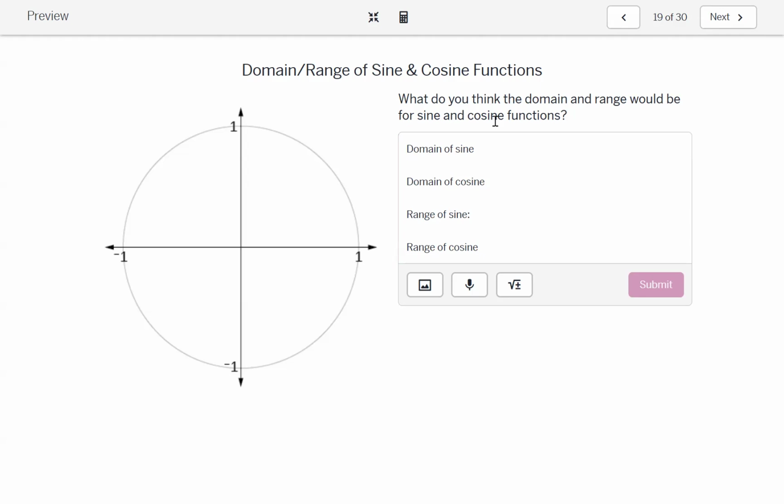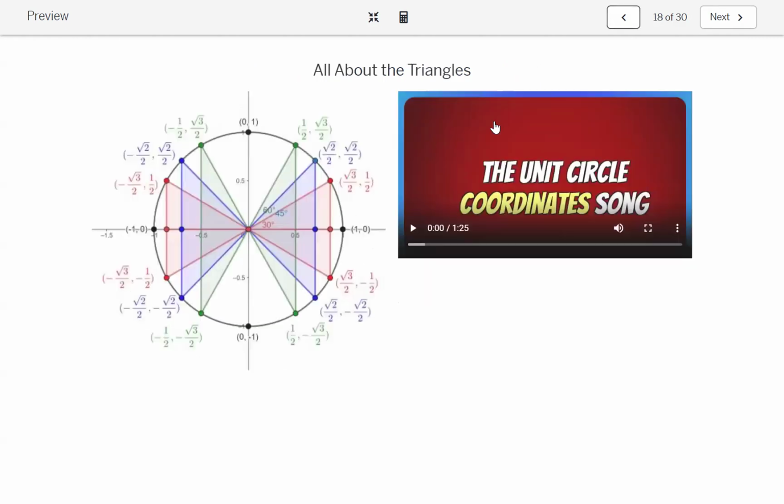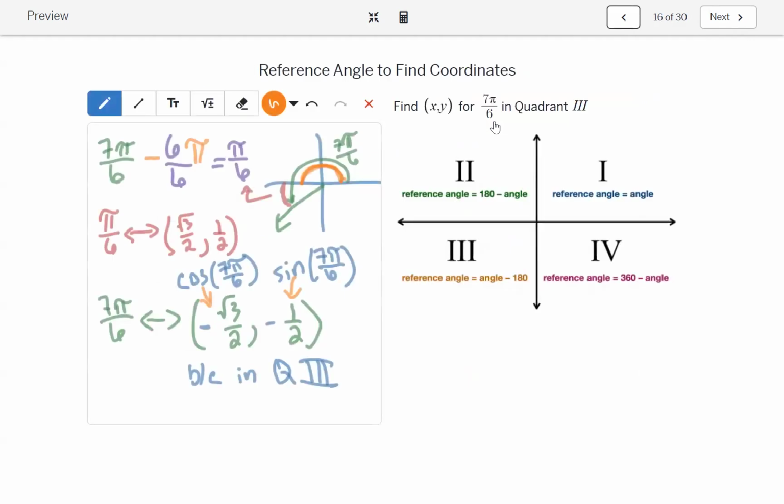So when I say the sine of something, what kind of thing is going inside sine? Like here, let me flip it back. Like here, I wrote the cosine of 7 pi over 6 and the sine of 7 pi over 6.